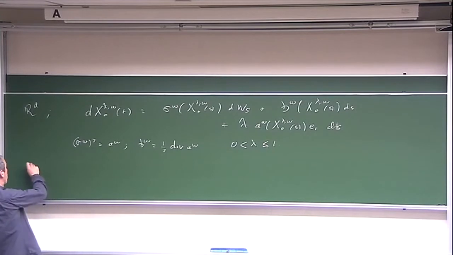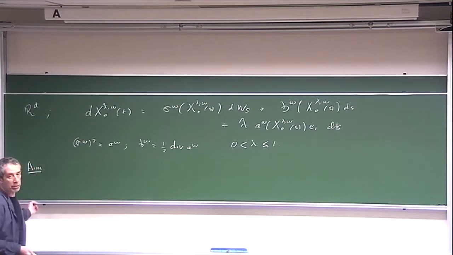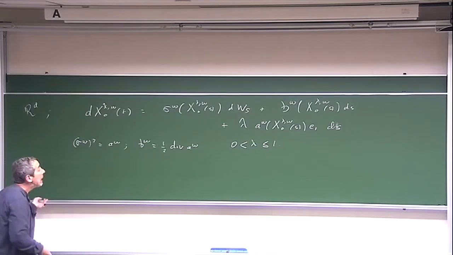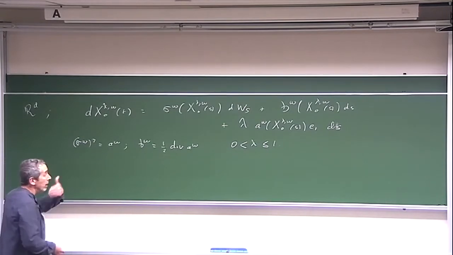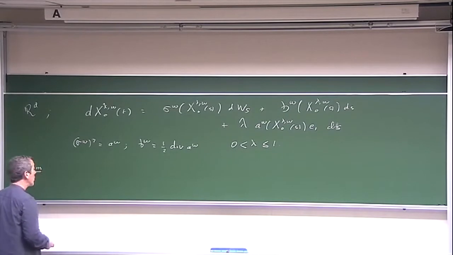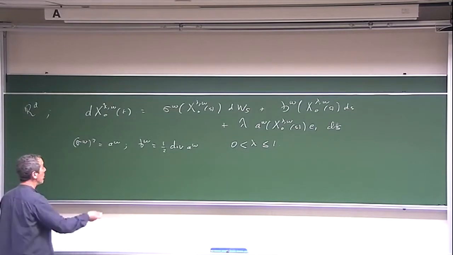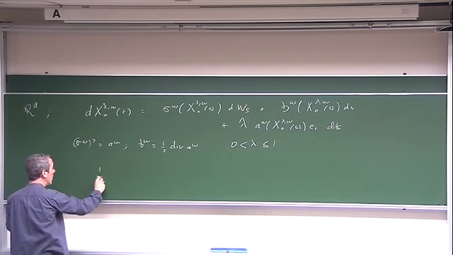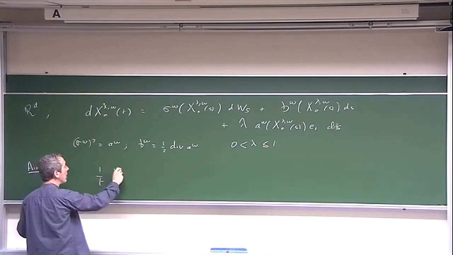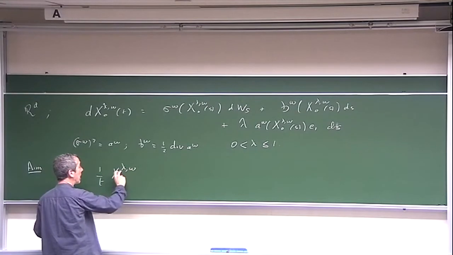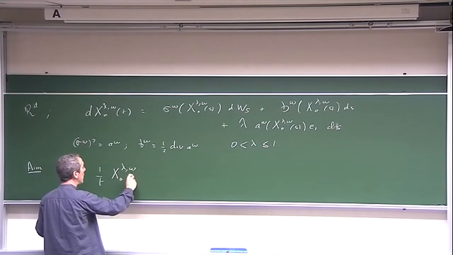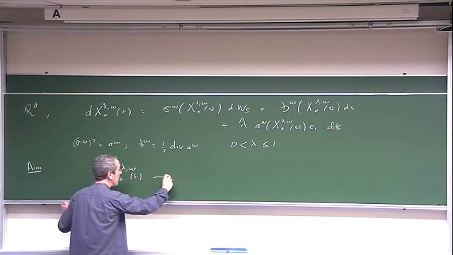And then the aim is to prove a law of large numbers for this kind of object in any direction, but maybe the first thing we would like to prove is that we have a law of large numbers for X^lambda. So study the limit of 1/t X^lambda(omega, 0) at time t, and prove that this converges to something.